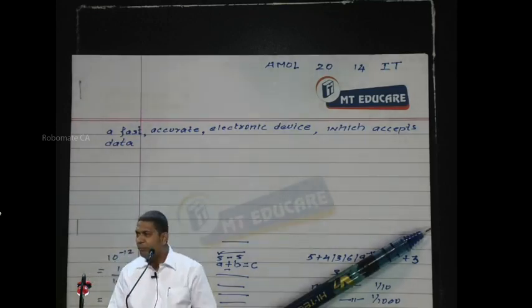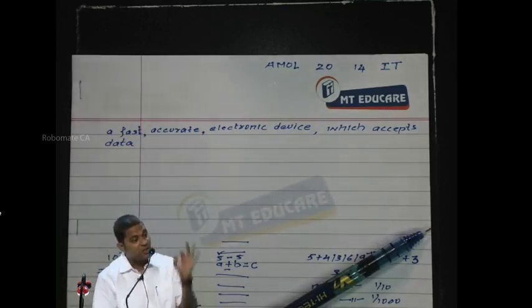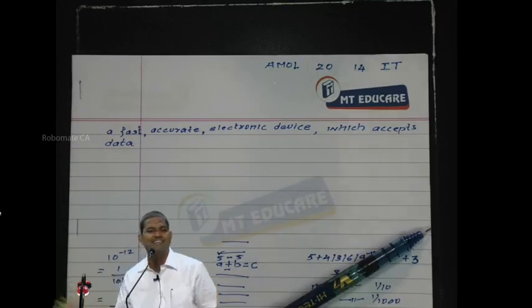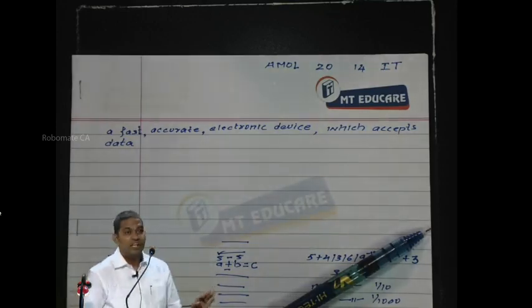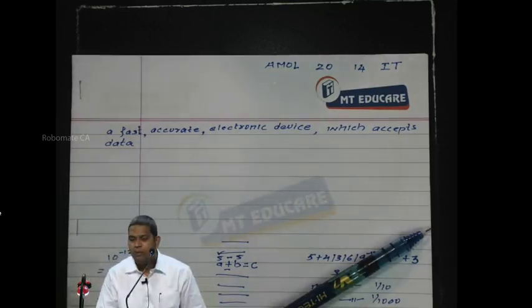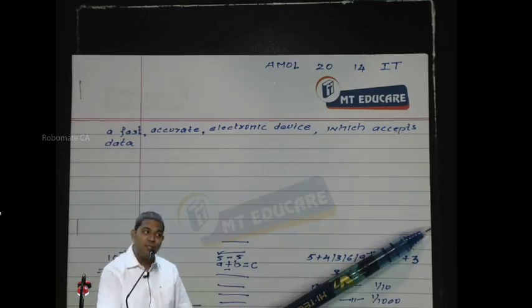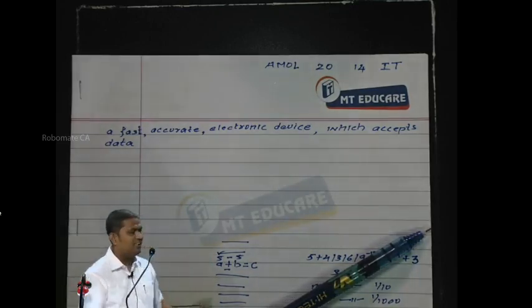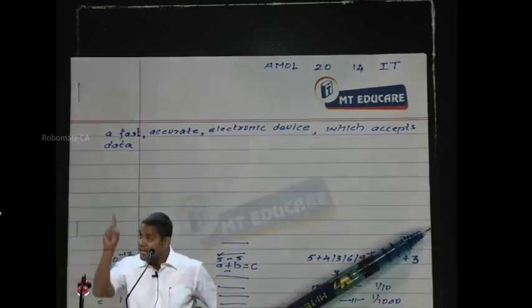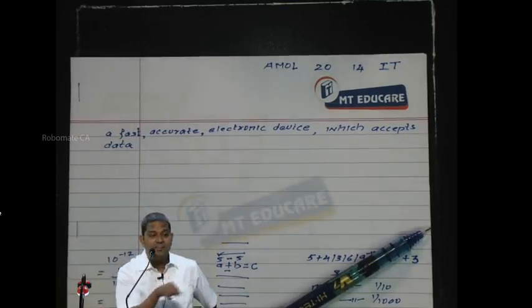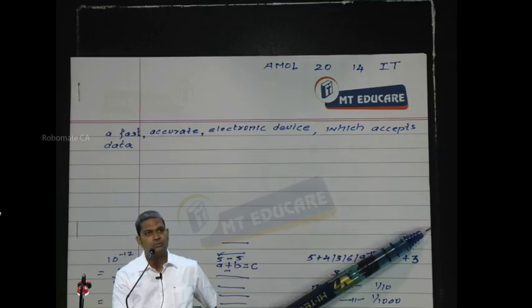MCA, Masters in Computer Application, 3 years, 20 years. I don't count junior and senior. So 20 years of formal education, having 14 years of teaching experience, will be teaching you a subject of information technology. Now, in everybody's mind, same thing will be going? No. Then what are you thinking about?